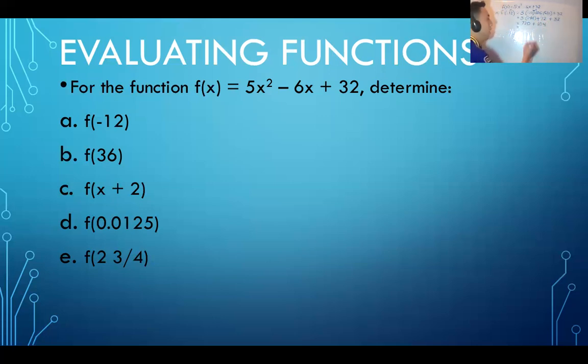So we have the final answer. 720 plus 104 is equal to 824. So the function of negative 12 in this equation is 824. I hope you got it.